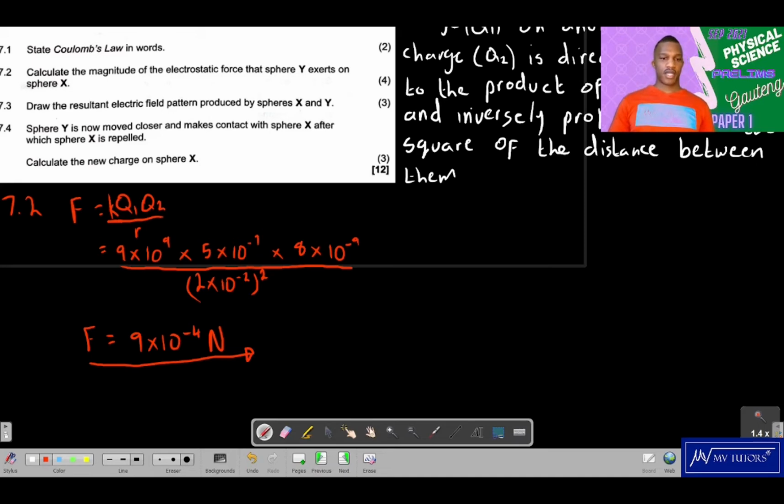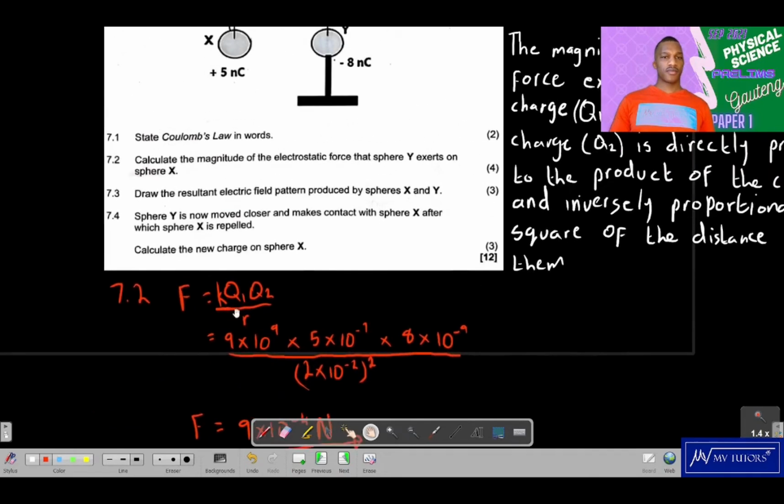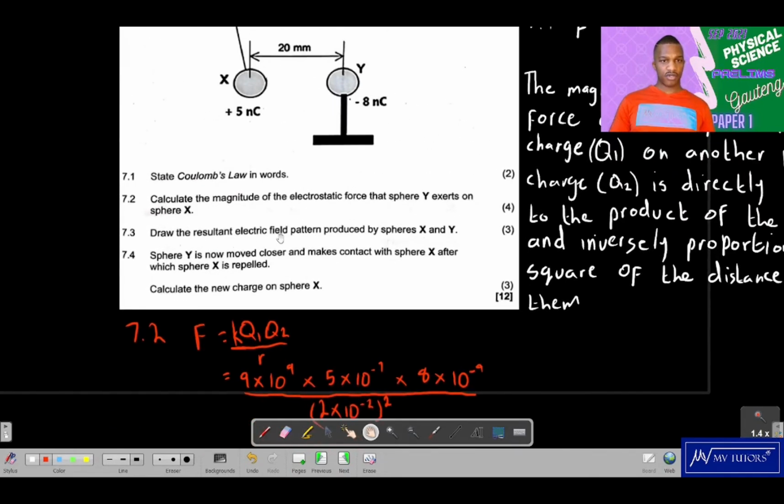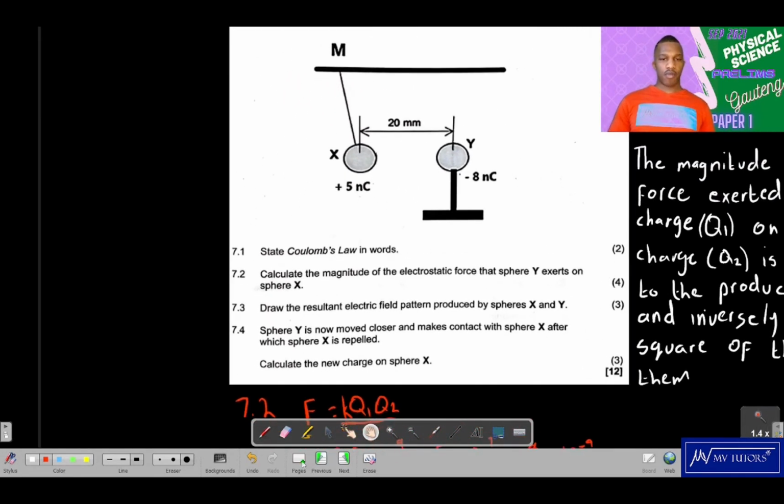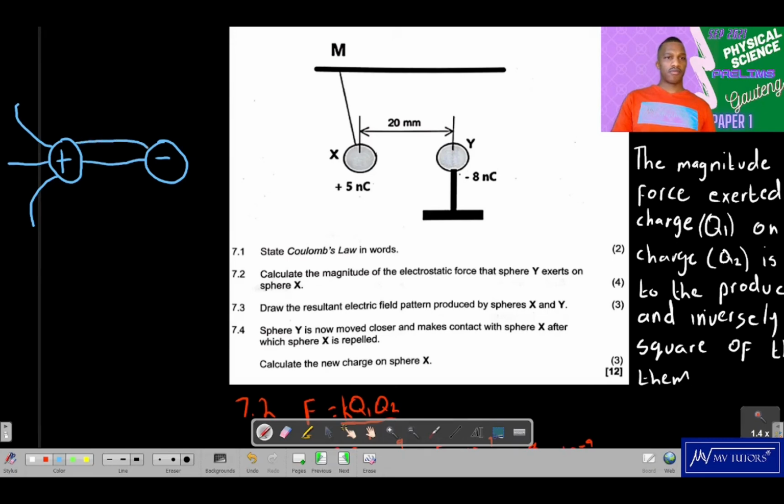Okay, now let's go to 7.3. Draw the resultant electrostatic field pattern produced by sphere X and Y. Well, you should know by now that from the positive charge, the field lines are moving out.